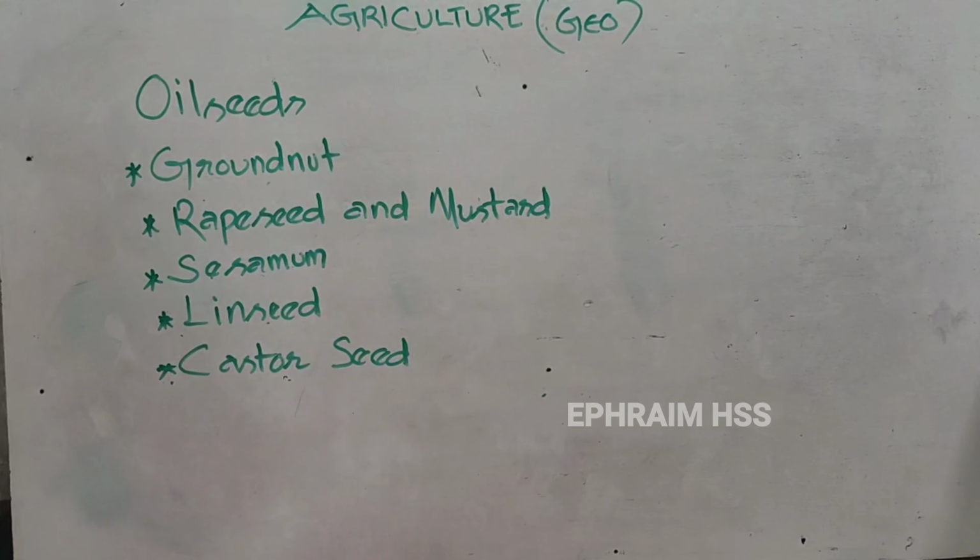Groundnut. India is a leading producer of groundnuts, and Andhra Pradesh is the largest producer of groundnut in India, followed by Tamil Nadu, Karnataka, Gujarat and Maharashtra.